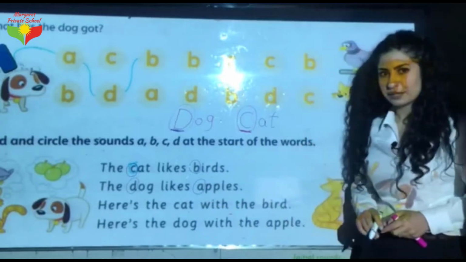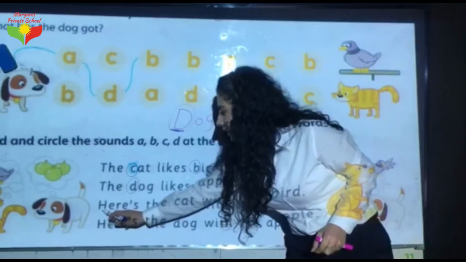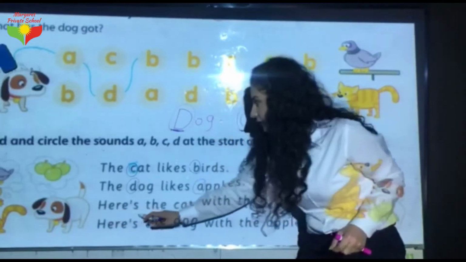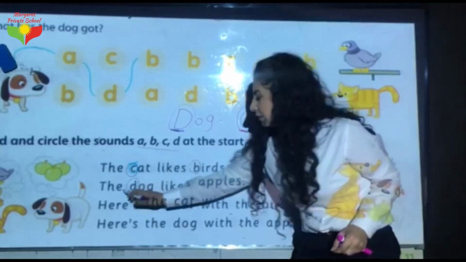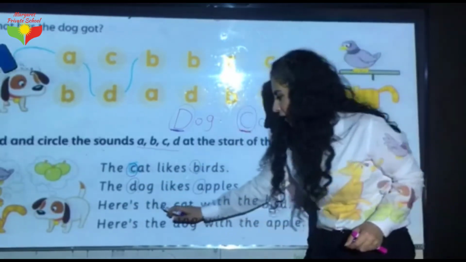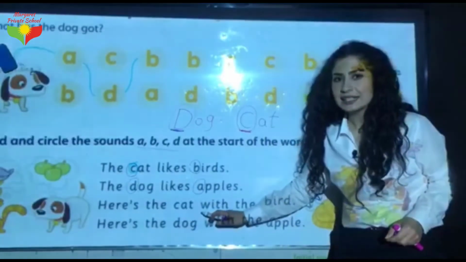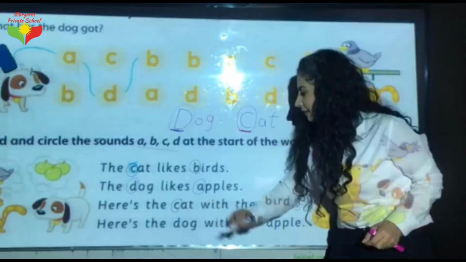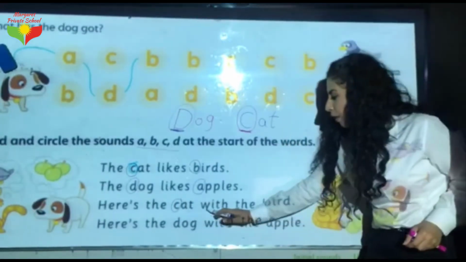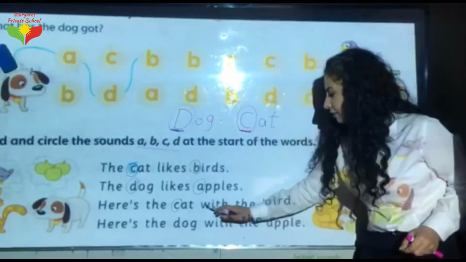Okay. Let's go to the third sentence. Hears. We don't have any of these sounds here, so skip it. The, okay, cat, so circle K. Okay, with, we don't have any of these letters here, so skip it.